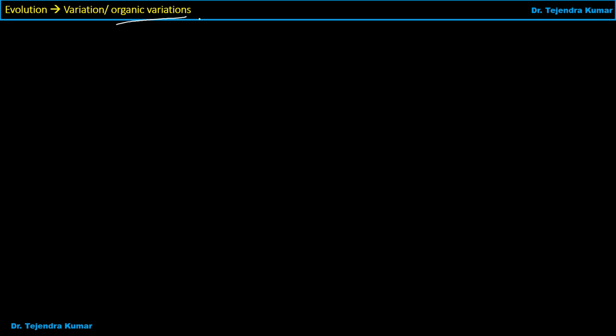It may be in a complete species, in a complete taxon, only in a single individual, or differ from one individual to another, and so on. These differences are the variations.